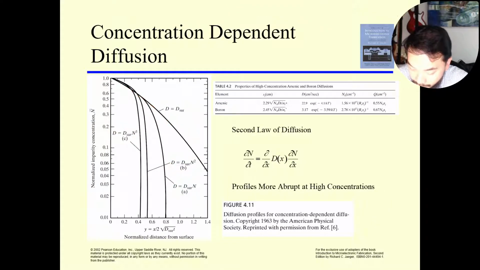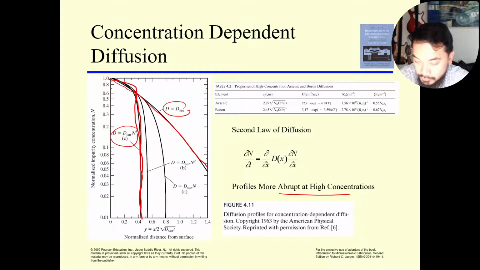This is good for producing a very abrupt, high concentration. If you look at this one, the concentration drops gradually. On the other hand, if you have this one, you abruptly change it and then it becomes constant at your junction here.